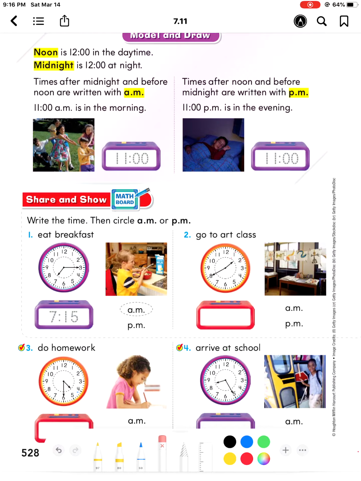Now, is 11 a.m. before noon or afternoon? Excellent, before noon. If a time is an AM time, it happens before noon. Now I need to ask you a question. If you go to a soccer game at 4:30 or a basketball match, would this time be AM or PM?